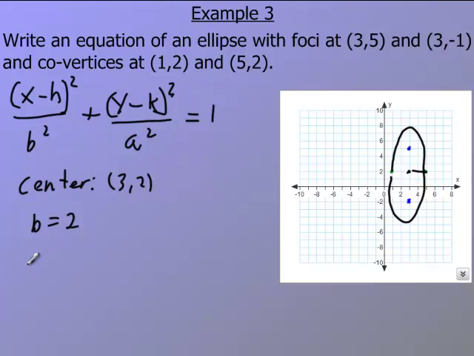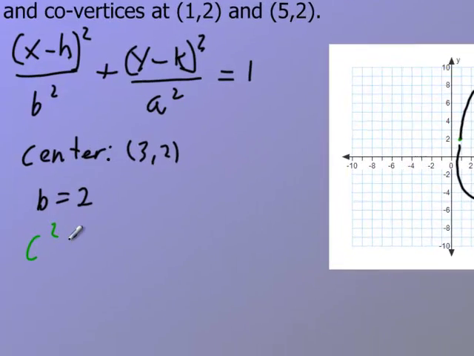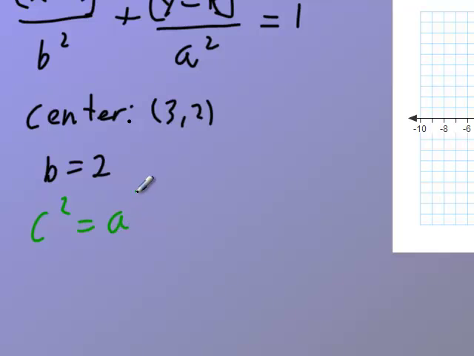Now the next task is to determine where the vertices are going to be located, and we can utilize the formula c squared equals a squared minus b squared. Well, in order to find this, we need to figure out what c is going to be. We know what b is.